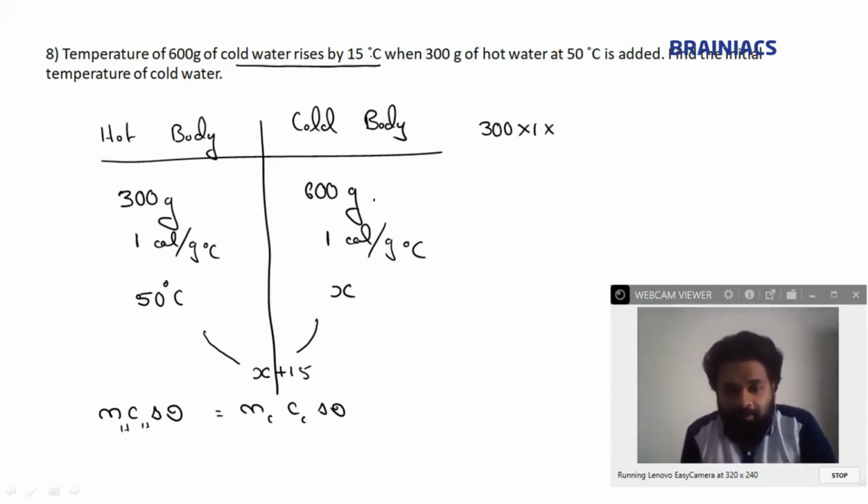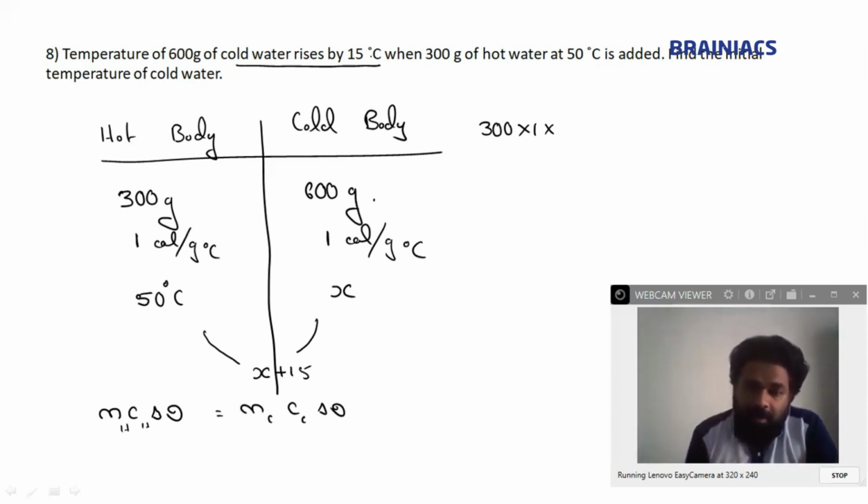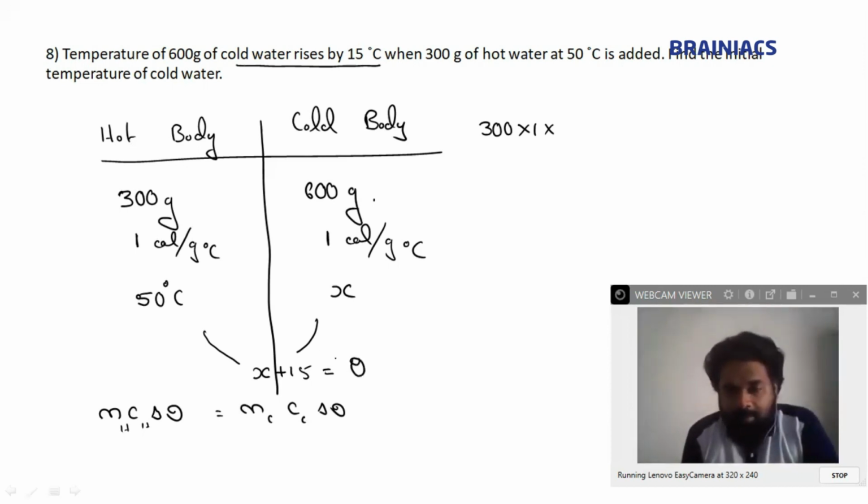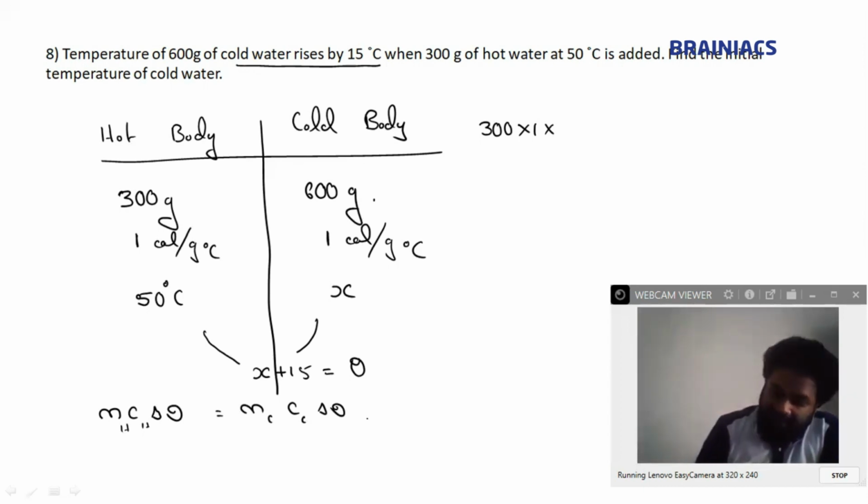We need to be very careful here. We are using higher temperature minus the mixture temperature, so that is what theta actually is. When we put theta, that theta is the mixture temperature. So if we take X as the initial temperature of the cold water, then the mixture temperature should be X plus 15. If we substitute carefully, we will be able to come out of this question nicely. Otherwise, we will commit mistakes.